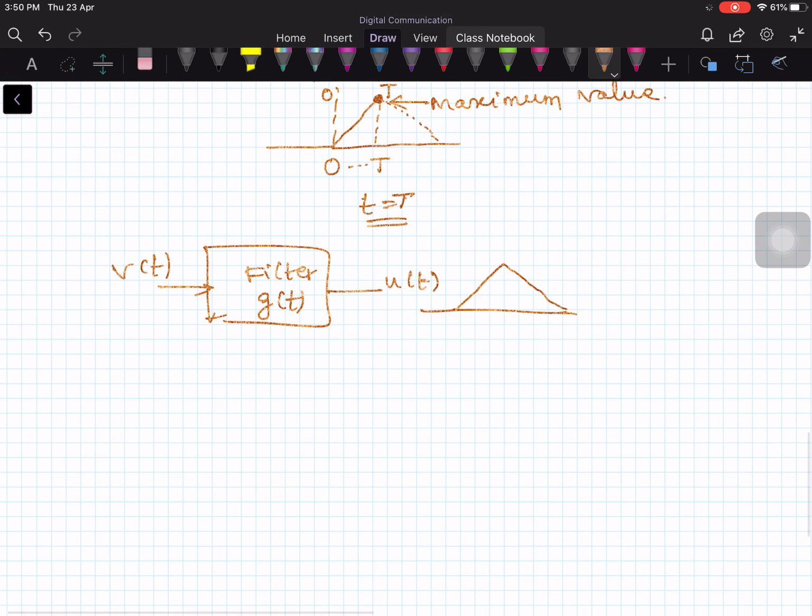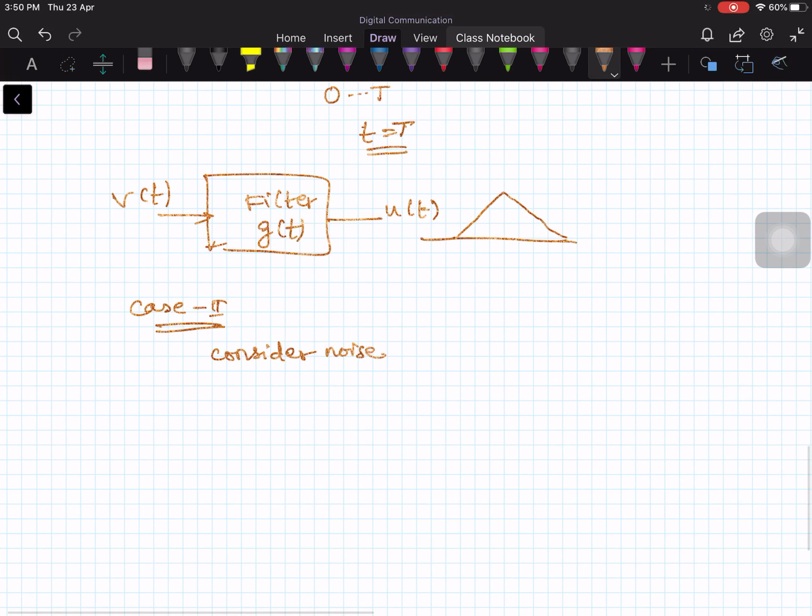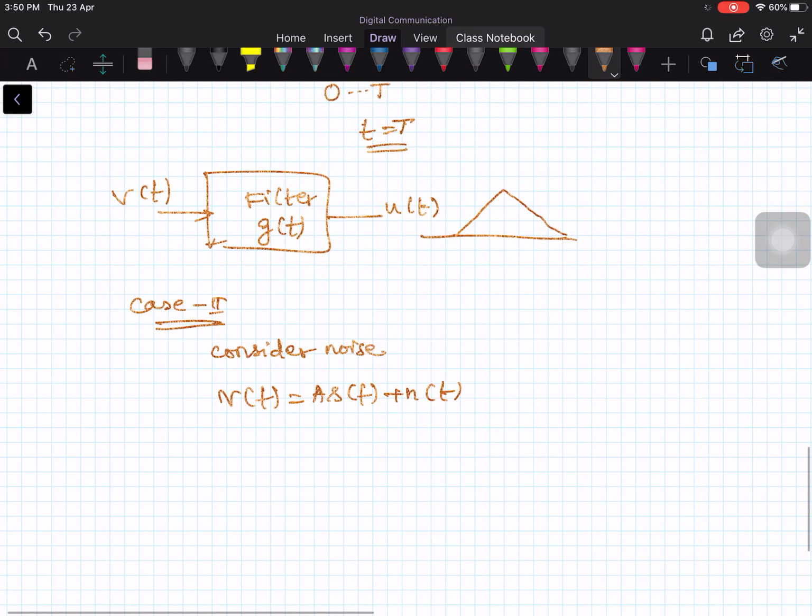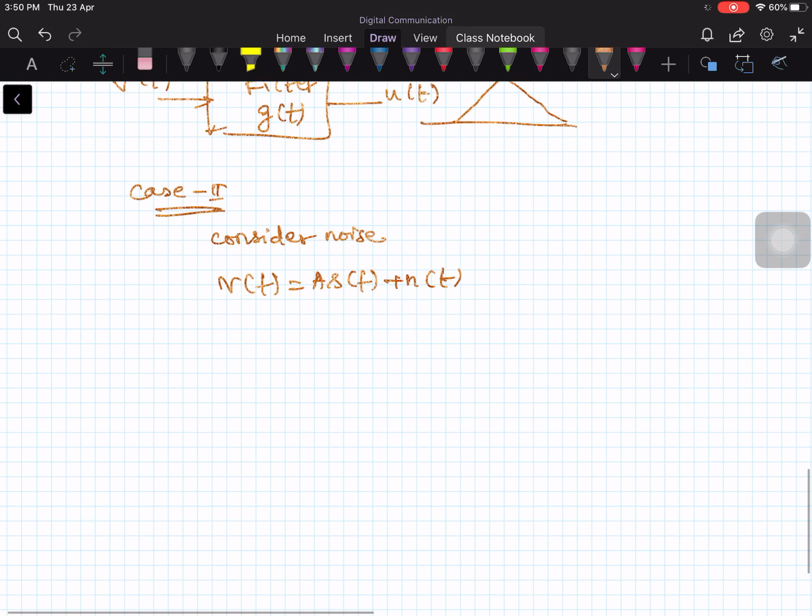Now let us take case 2. In case 2, consider noise. In this case what happens? Your V of t is equal to A times S of t plus some amount of noise also. Because of the noise, your pulse is going to be like this. Therefore when you start to do the integration, there will be small values.